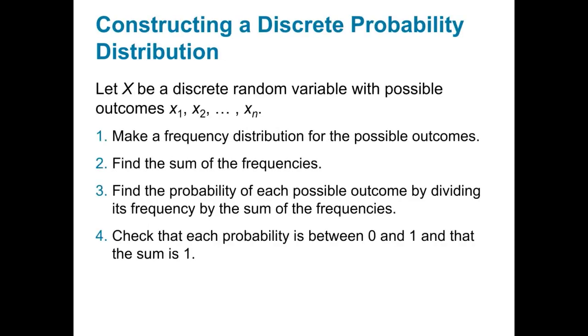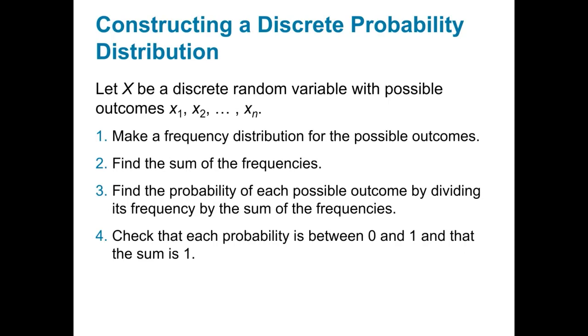All right, so these are just literally the steps to building the probability distribution. You don't need to really memorize these steps. Basically, all these steps say is you make a frequency table. So you list out all the possible outcomes, find the probability of each outcome, right?